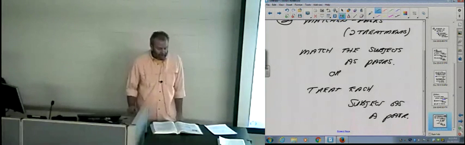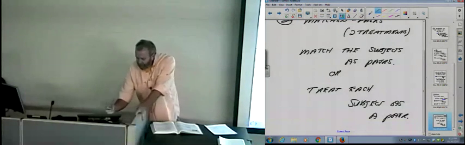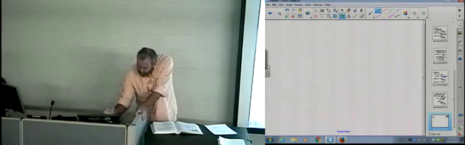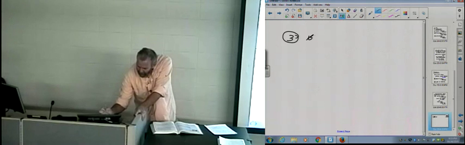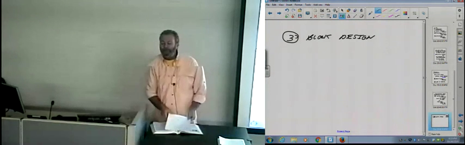All right? Now, there's a third one. There's a third experimental design. And the third one is something called a block design. It is still a randomized comparative experiment.